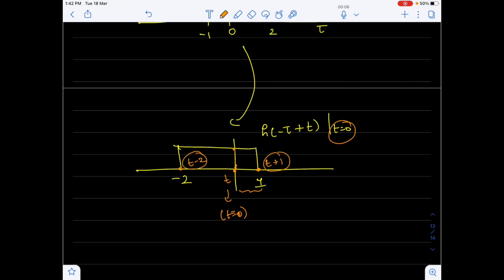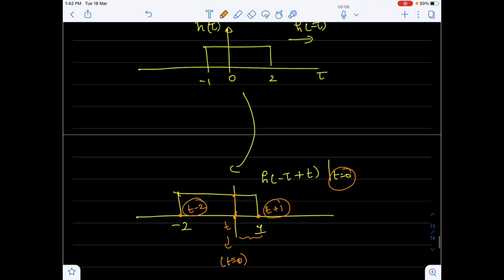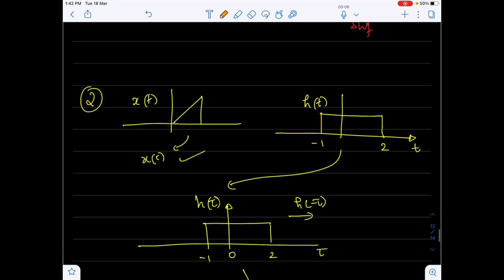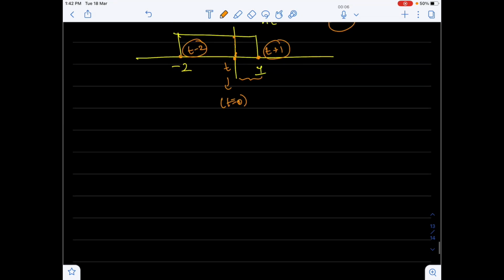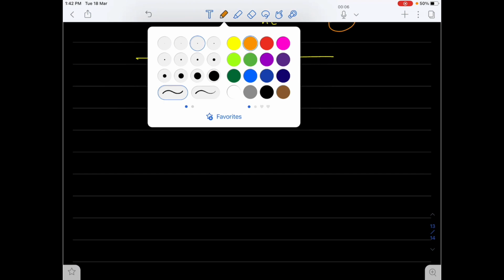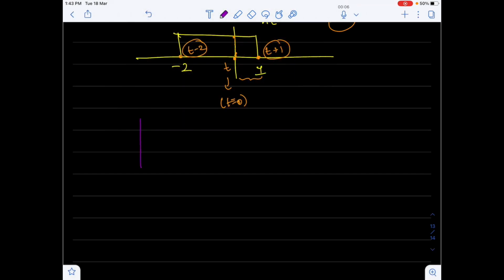When you do the integration, you can start like this. Let us consider how we can do this integration. First I will write this function, let's say this is 1, and x of tau. Then I have the function something like this. This is at 1, that means t plus 1, and here it is t minus 2.